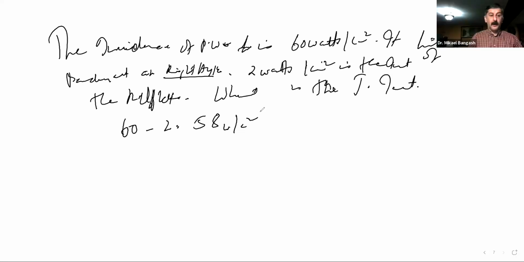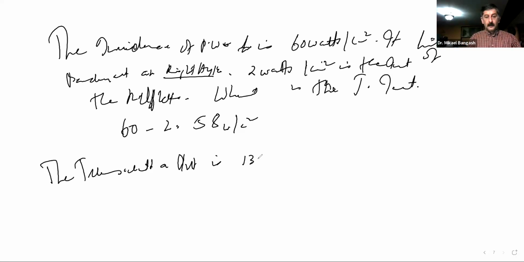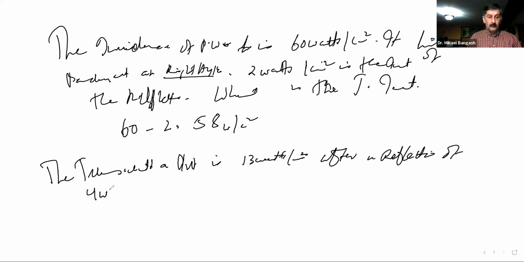They may also do it this way and say the transmitted intensity is 13 watts per centimeter square after a reflection of 4 watts per centimeter square.